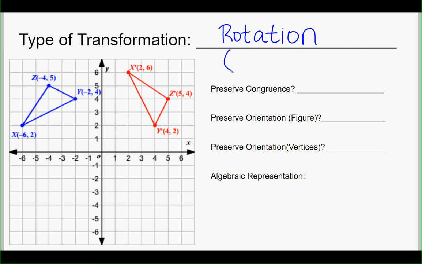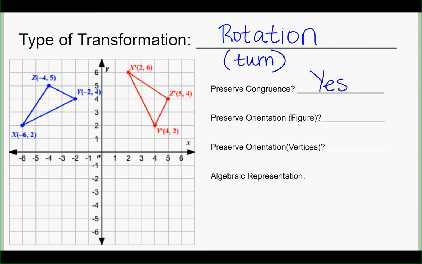Spin, or rotate, turn. When we turn something. Do rotations preserve congruence? Yeah, it's the same size, same shape.